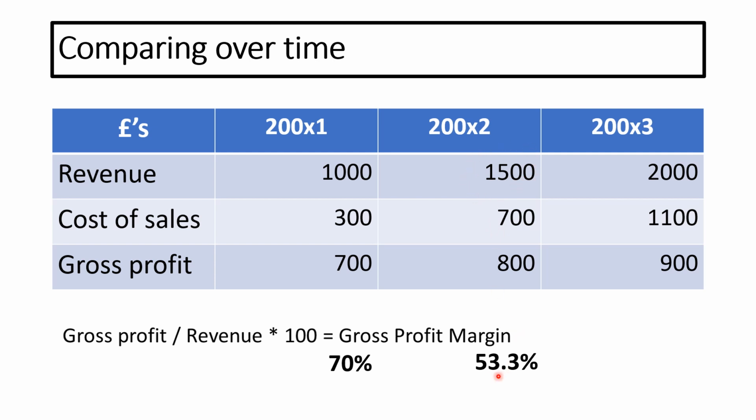They're just keeping over half. And then in their third year, even though their sales have gone up dramatically and their gross profit has risen, they're only keeping 45% of it as gross profit. So actually, how well they're doing, they did best in the first year and have got steadily worse. So by working out the gross profit margin, we can really see what is happening.